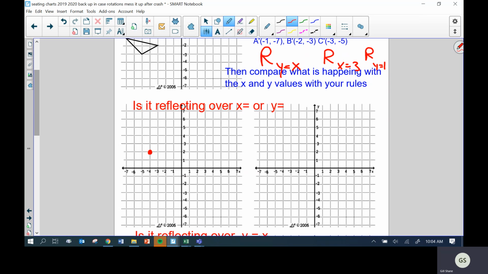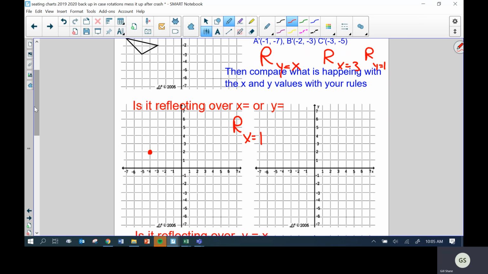Let's say that's our point. And then let's say we're trying to figure out, is that point reflected over x equals, we'll just say 1.